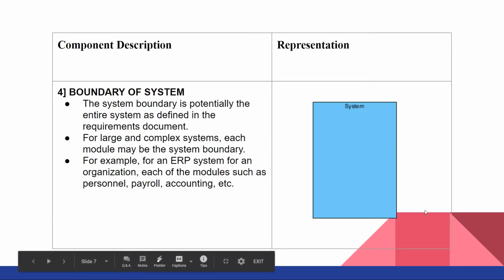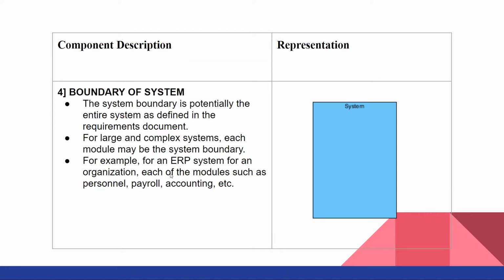For example, when you are using an ERP system, there are different modules, so payroll, personal, accounting, etc., and each module can have their own system boundary. So in an ERP system, a payroll module will have its own system boundary. For example, accounting module can have its own system boundary. So that is when the systems are more complex.